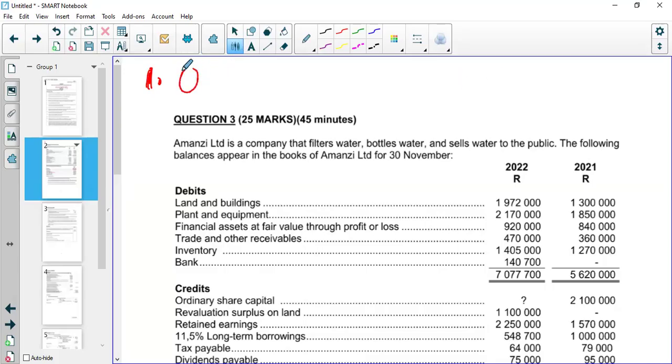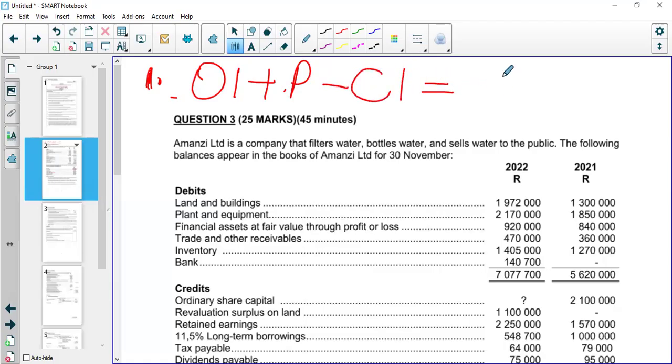We say opening inventory plus purchases minus closing inventory is going to give us cost of sales. So that's how we determine cost of sales.